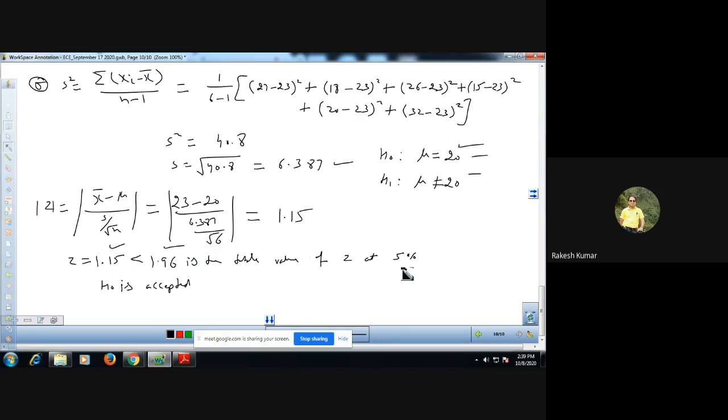But this is at 5% level of significance. Remember, you can also check at 1%, you can also check at 10% at home. You can check whether their claim is justified or not. So you must do the practice of these questions.